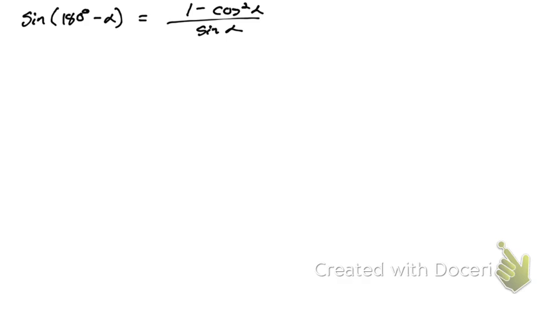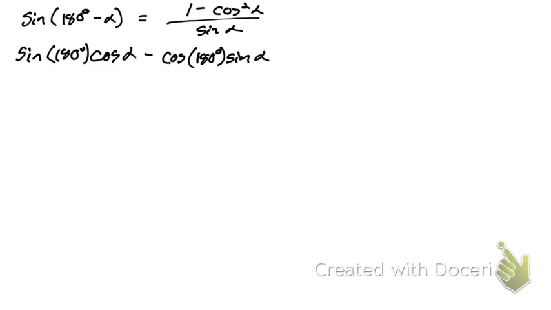The left-hand side is just a subtraction of angles. So we're going to write that out as sine of 180 degrees times cosine alpha minus the cosine of our first angle, which is 180 degrees, times the sine of alpha.